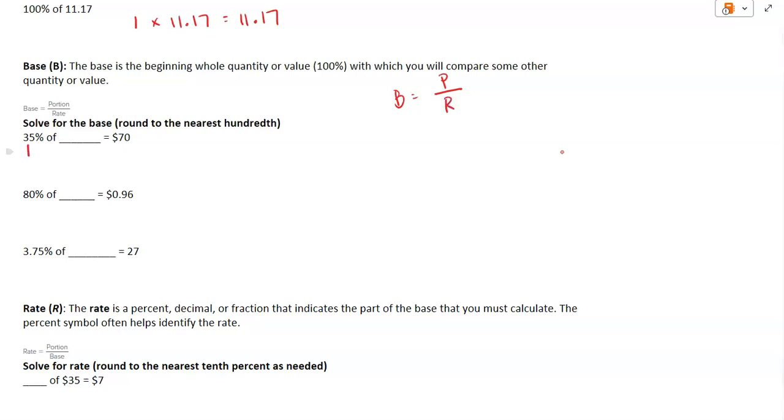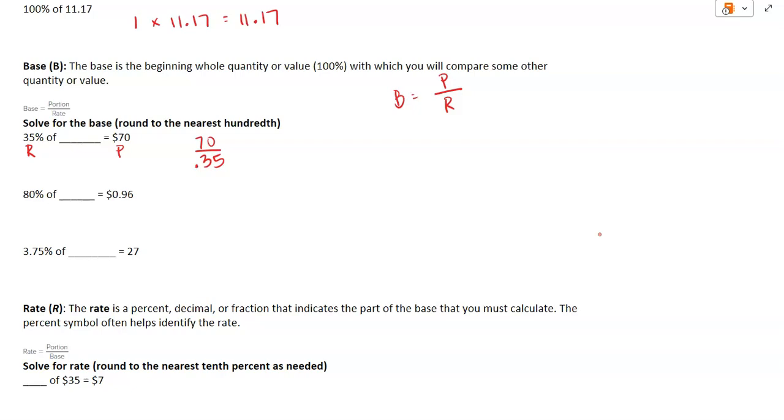So here, 35% is my rate. Again, I know it's my rate because we have that percent symbol. And of blank is $70. So we know our rate and our portion, and now it's simply a matter of plugging these values into this formula. My portion is my numerator, my rate is my denominator.